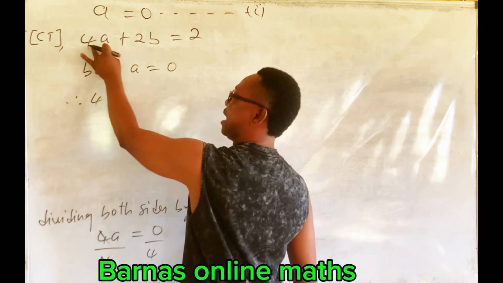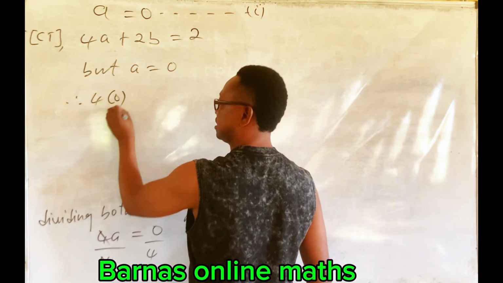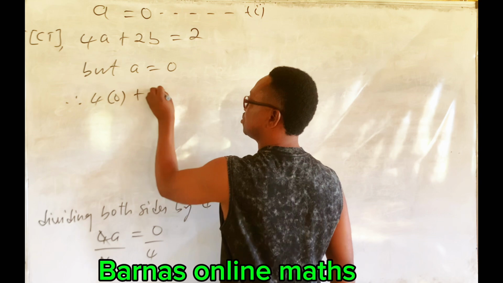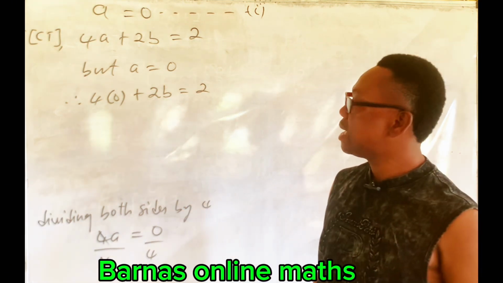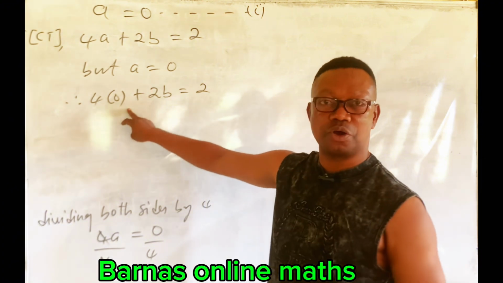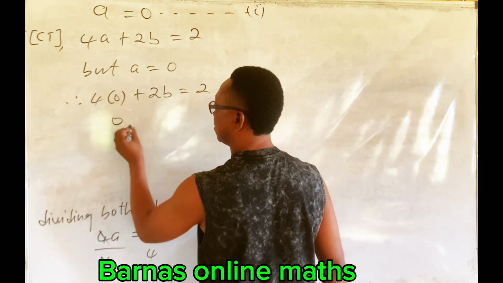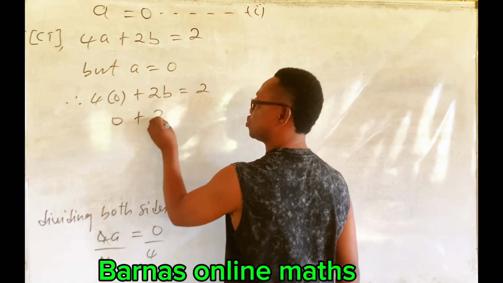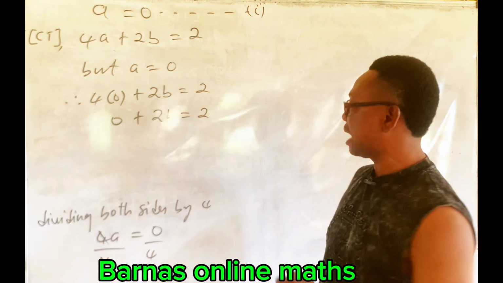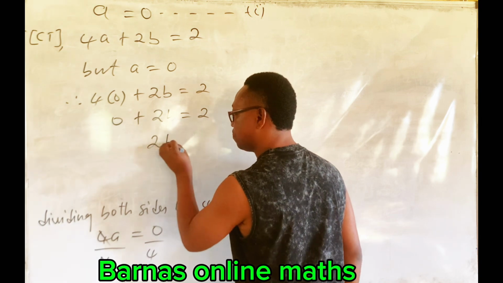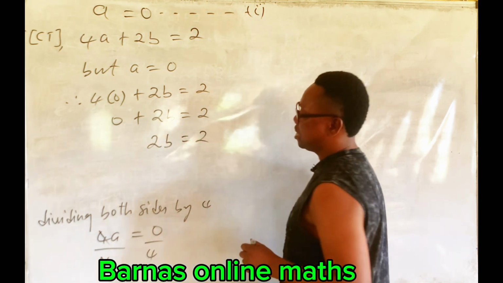Instead of a, we replace it to be what? 0. Then plus what? 2b, which is equals to 2. Therefore, 4 times 0 automatically will give us 0 plus 2b, which is equals to 2. Therefore, we now have that 2b is equals to 2.